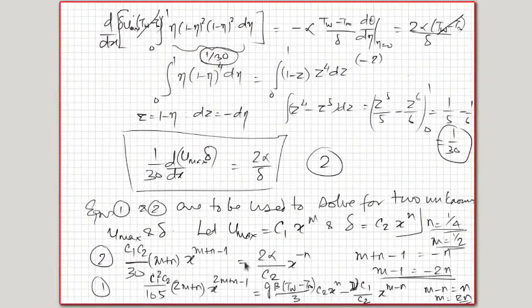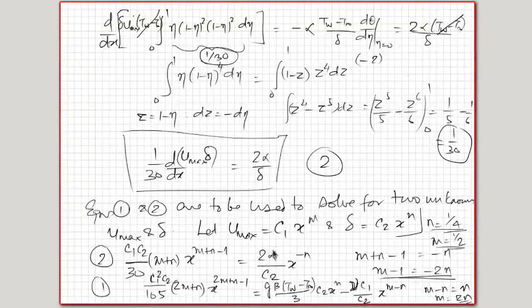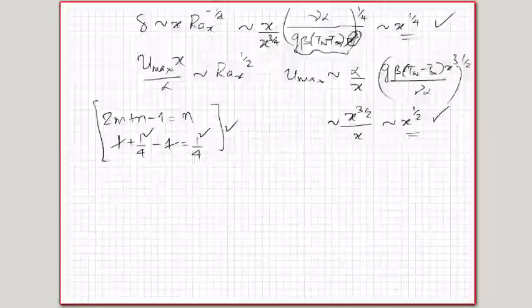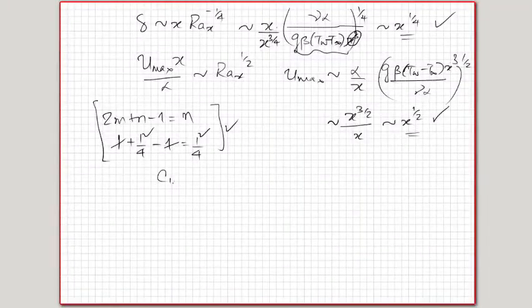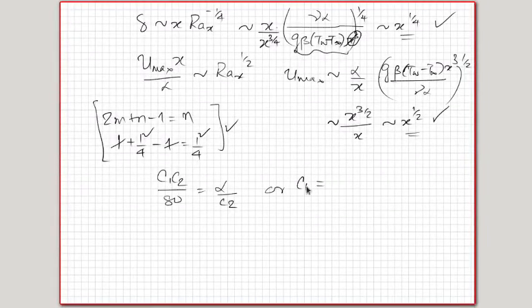So I can write this as c1 c2 divided by 80 is equal to alpha by c2, or c1 by 80 alpha is equal to 1 over c2 square.